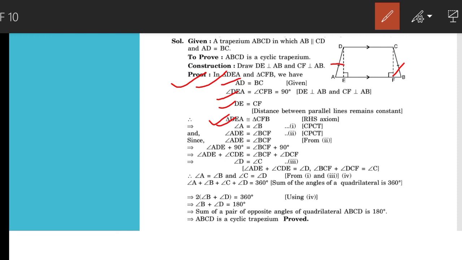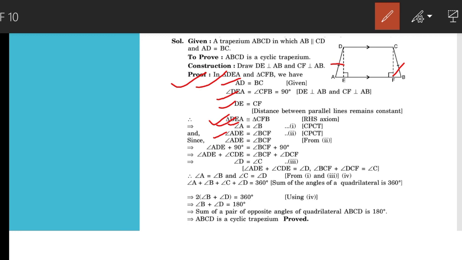Since the triangles are congruent, we can say angle A and angle B are equal by CPCT. Also angle ADE is equal to angle BCF by CPCT. So by two CPCTs we can say angle A is equal to angle B and angle ADE is equal to angle BCF.